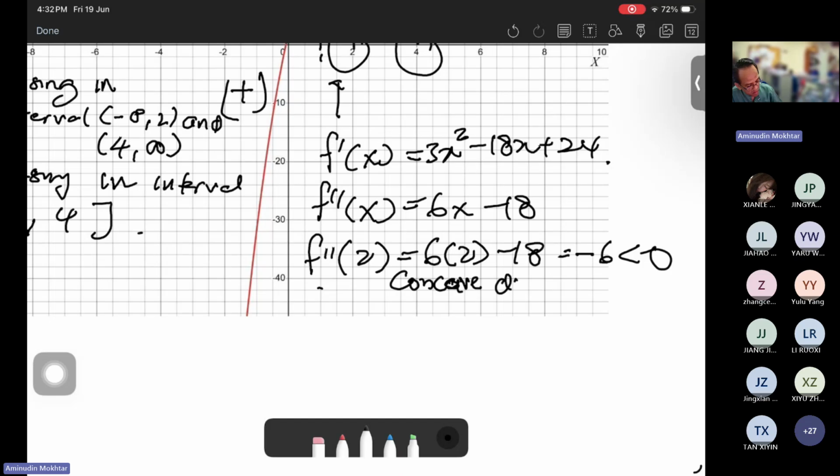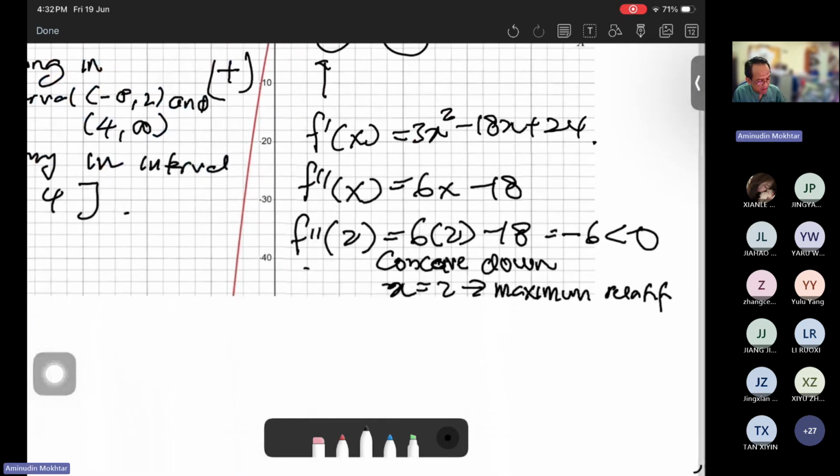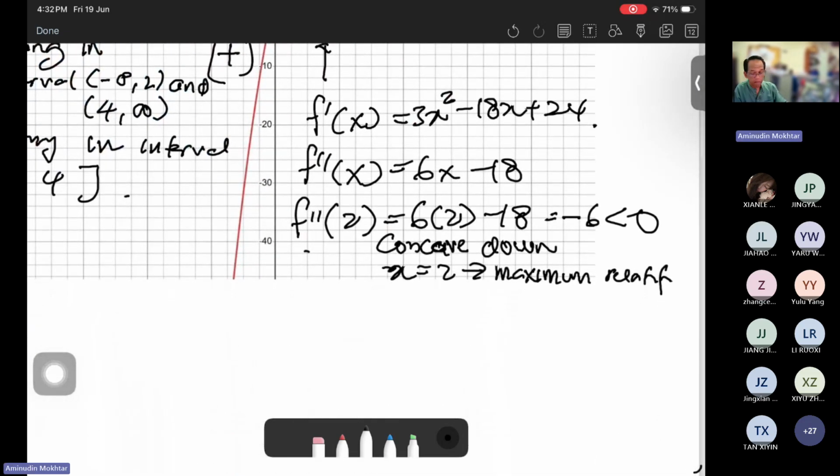So x equals 2 is a relative maximum. Based on the graph, the second derivative is negative, so the first critical point is a maximum point for the function.